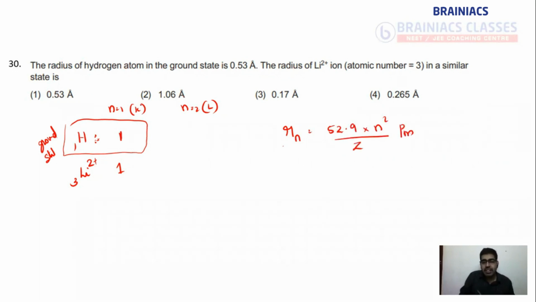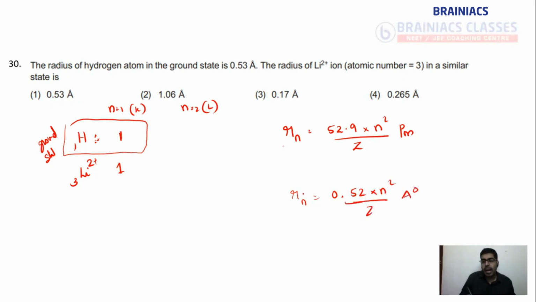Now here the answer is given in angstrom, so you can use the radius equation in angstrom also. Rn is equal to, instead of 52.9 you can write 0.529 into n square by Z angstrom.